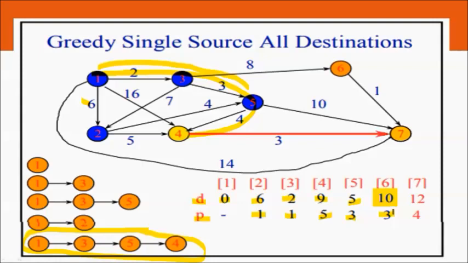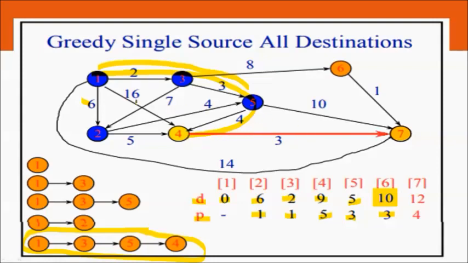Now, for vertex 7, okay? So considering the direction of vertex 1, 3, 5, 4, okay? So vertex 1 to 3 is 2, vertex 3 to 5 is 3, and 5 to 4 is 4, okay? And then 4 to 7 is 3.